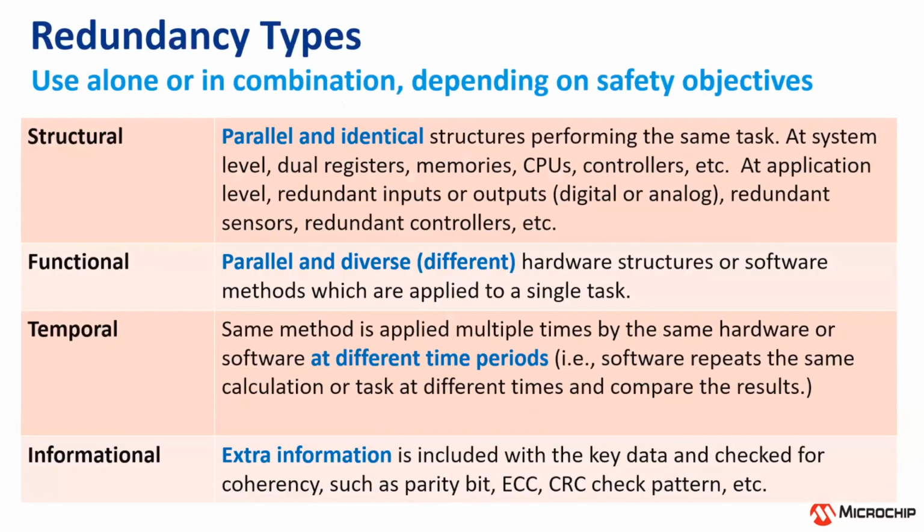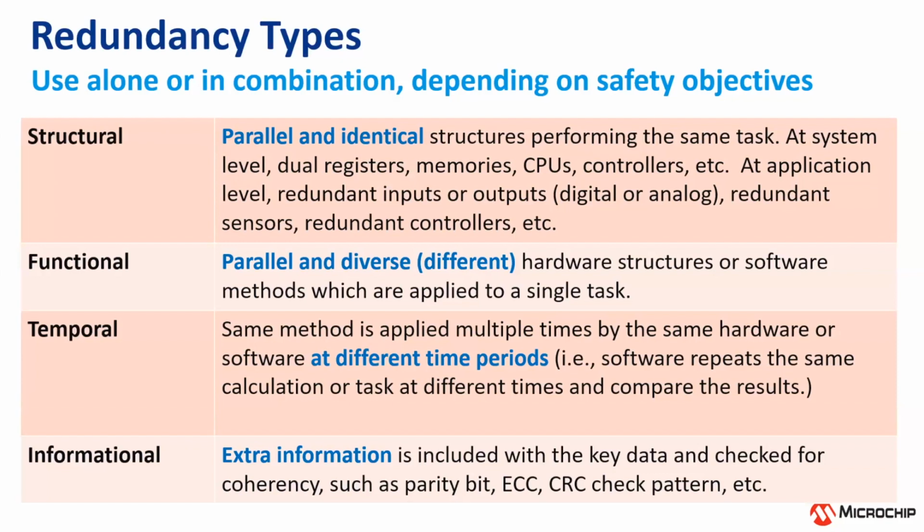So this redundancy concept, let's dig into this a little bit. There are a few types of redundancy, right? We have structural redundancy. I think we're all probably familiar with that one, where we have parallel and identical structures performing the same task.